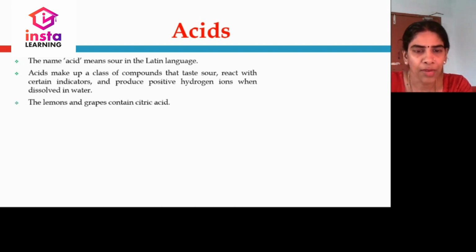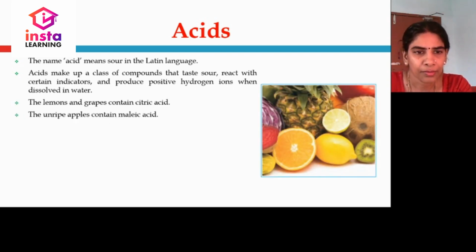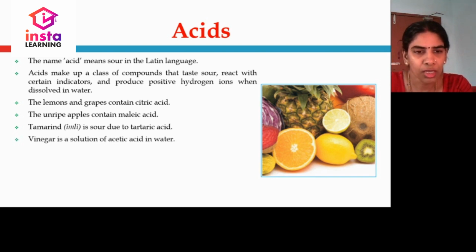Lemon and grapes contain citric acid. Unripe apples contain malic acid. Tamarind, known as imli, is sour due to tartaric acid. Vinegar is a solution of acetic acid in water.